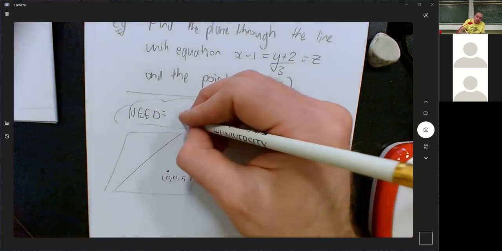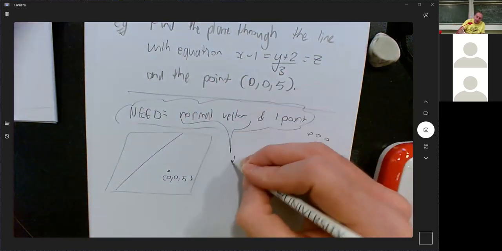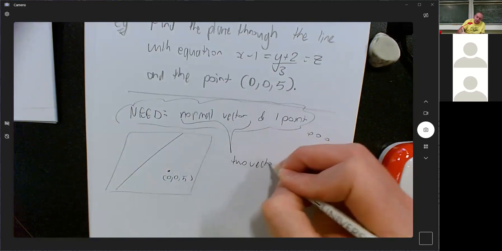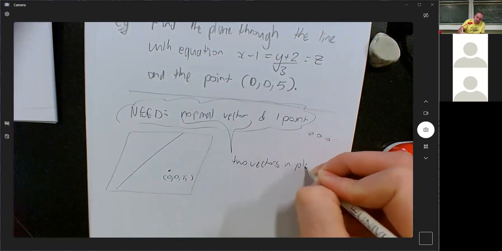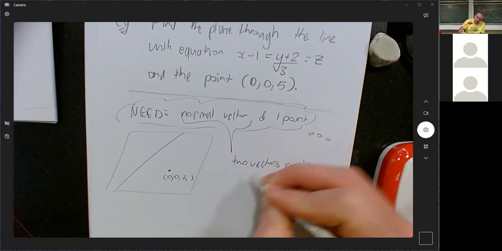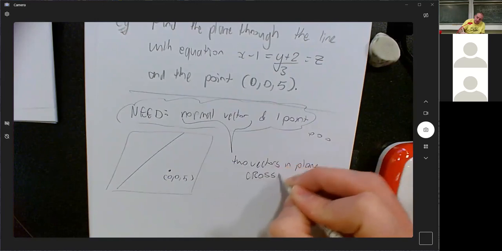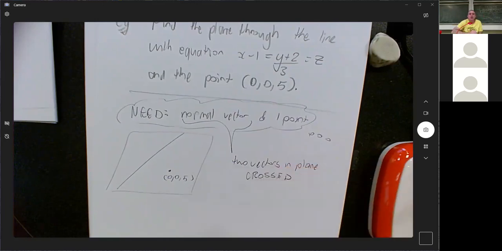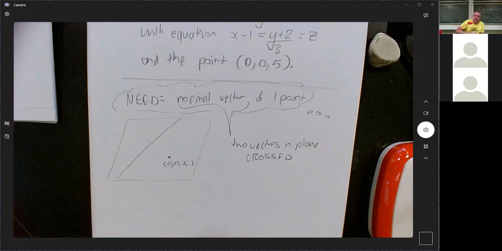So two vectors in the plane crossed should produce a normal vector. Currently I have no vectors in the plane, but I do have a line, and lines have vectors on them. Since that line is in the plane, all the vectors on the line are in the plane too. So I'm going to find a vector from that line.